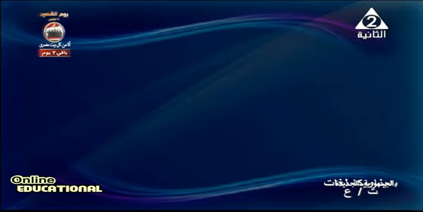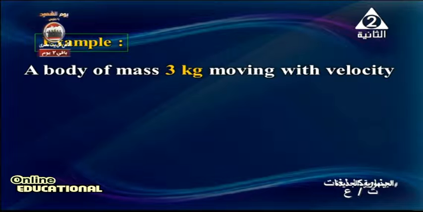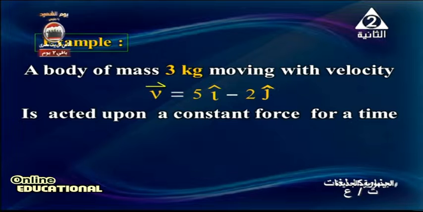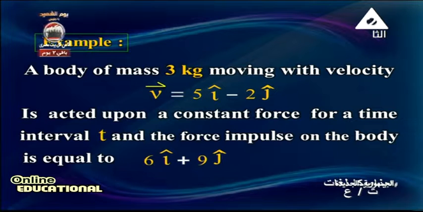Another example. A body of mass 3 kilogram moving with velocity vector v equals 5i − 2j is acted upon by a constant force for a time t, and the force impulse on the body is equal to 6i + 9j.